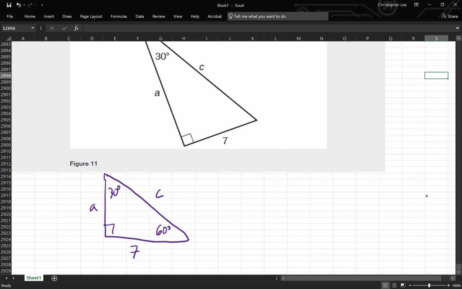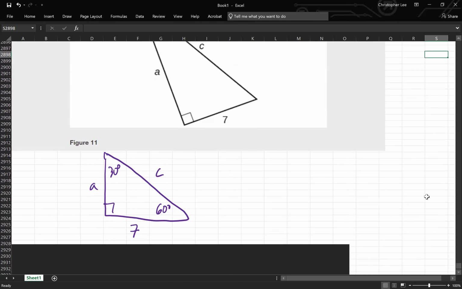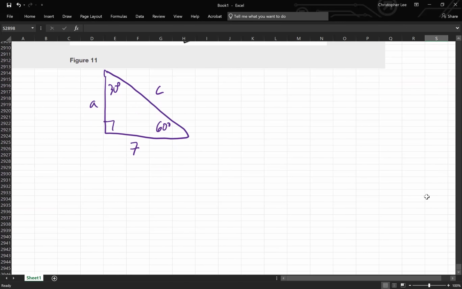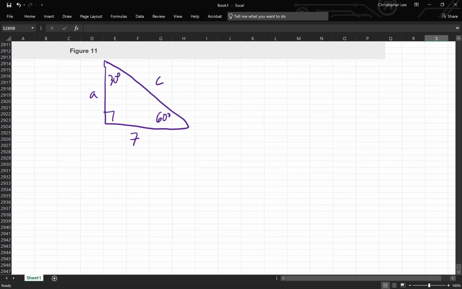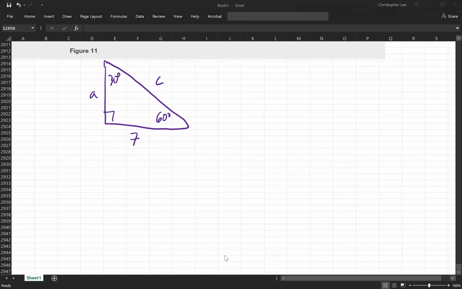That's not so bad. So all I have to do is find one other side, and then once I find that other side, I can use the Pythagorean theorem to get the rest.